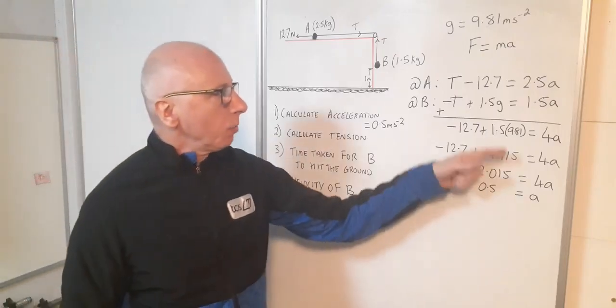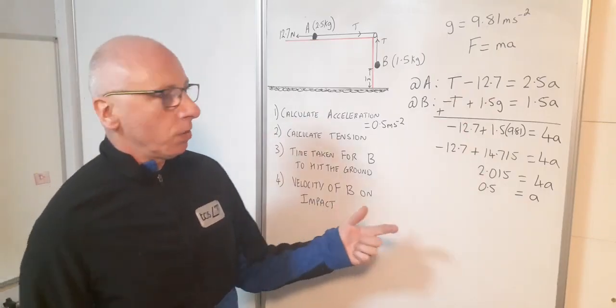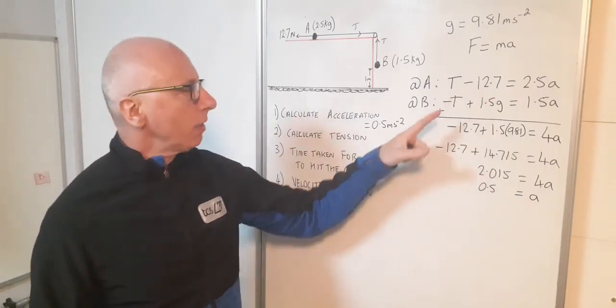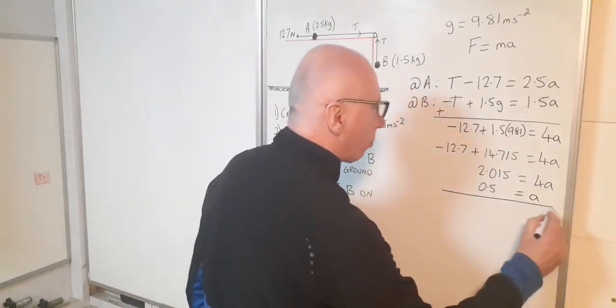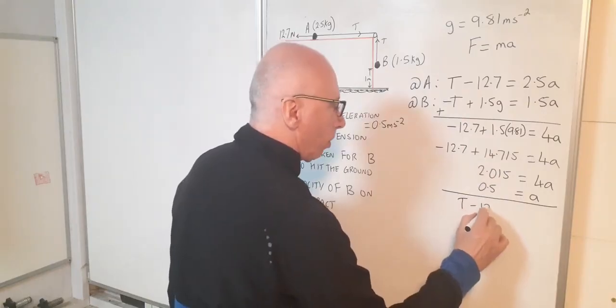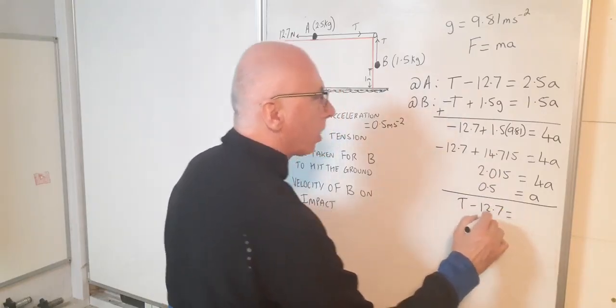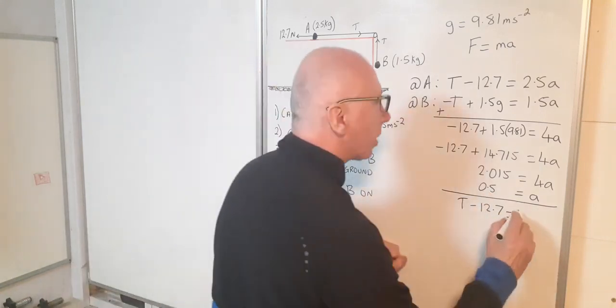With that, we can now calculate what the tension is. Which equation do we want to use? It doesn't matter which you use, it should give you the same result. I'm going to plug it into here. So I've got T minus 12.7 equals 2.5 times a half, since acceleration is a half.